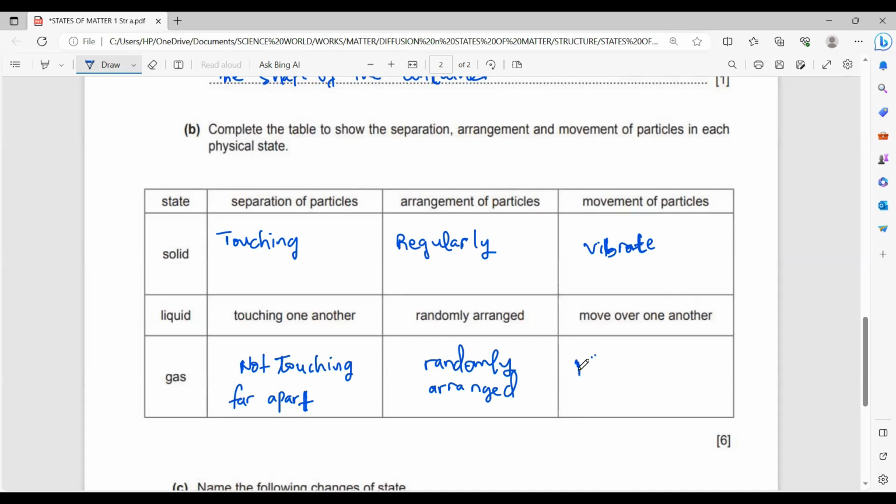Their movement is random. Better still, you could say they move random and fast. Their movement is random and fast. That's it. You could say that.